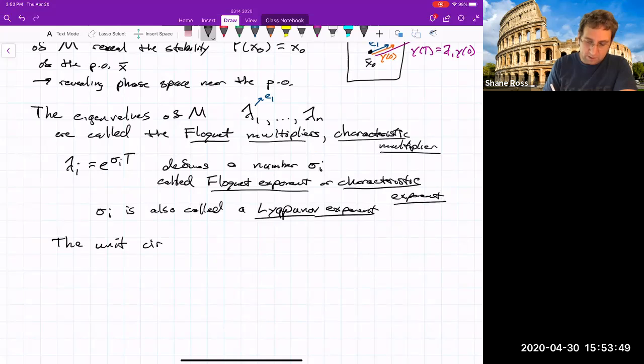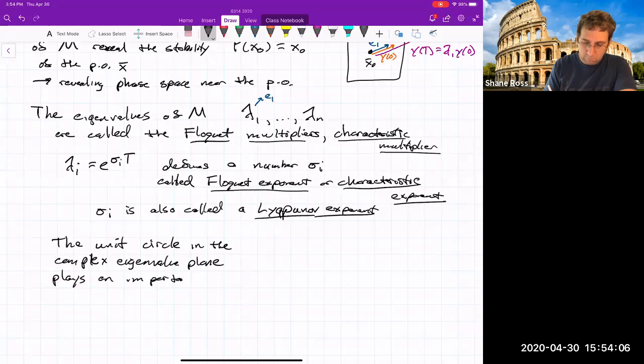Let me write that. The unit circle in the complex eigenvalue plane plays an important role dividing stable and unstable behavior.